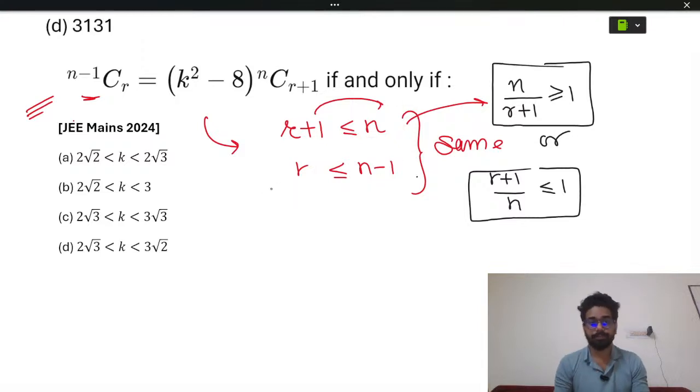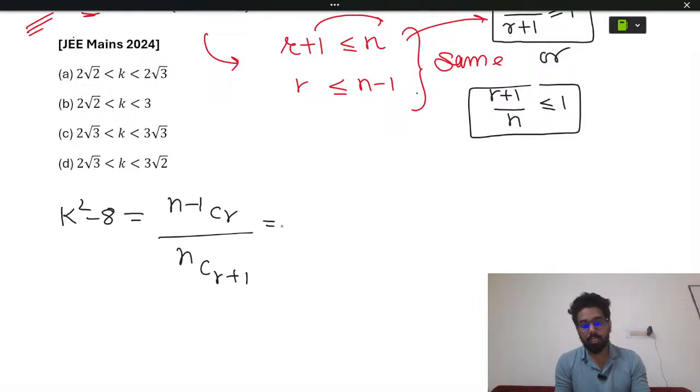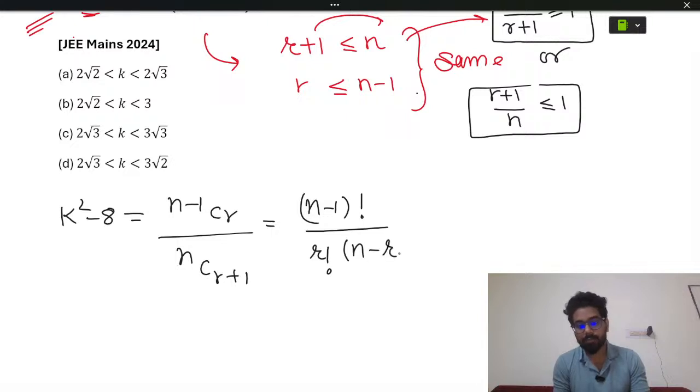Now next, what else you can say? That k square minus 8 is equal to (n minus 1)Cr divided by nC(r plus 1). Now if you solve this, what will you have? (n minus 1) factorial divided by r factorial times (n minus 1 minus r) factorial.